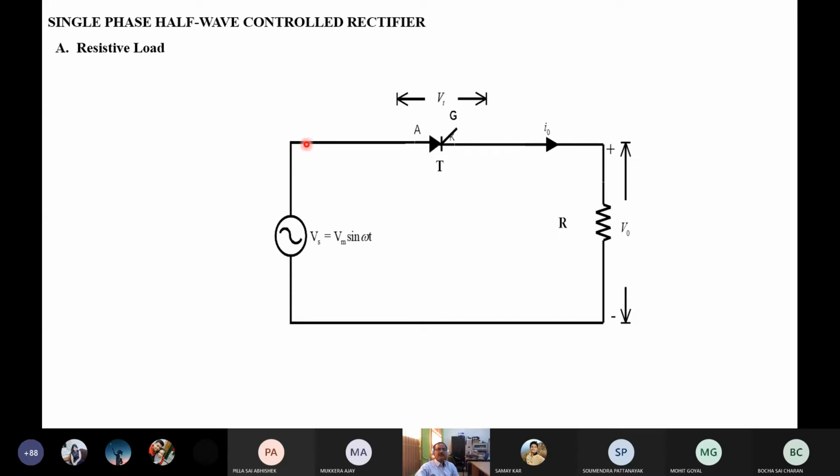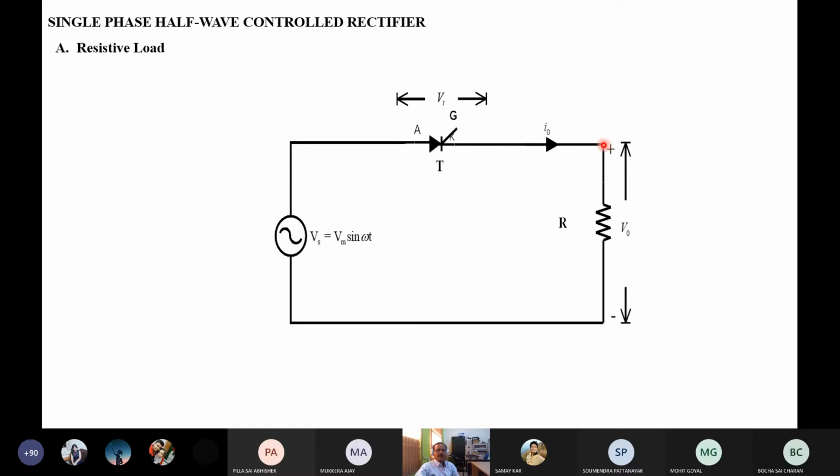and the voltage across the thyristor is the source voltage. If you apply a CRO or voltmeter here, this voltage will show in the reading. And when the switch is closed, the voltage across the switch is assumed to be 0.